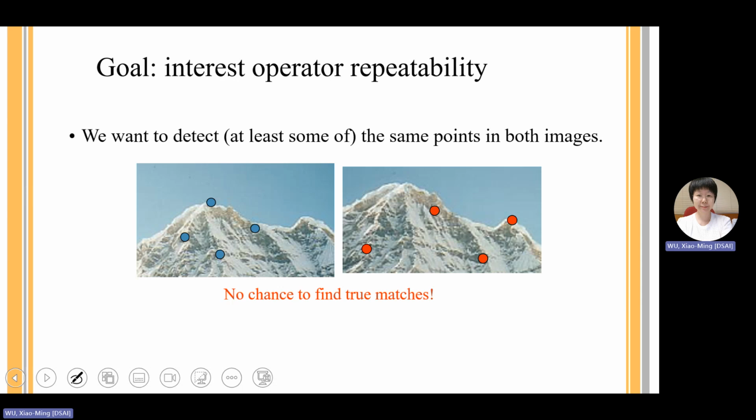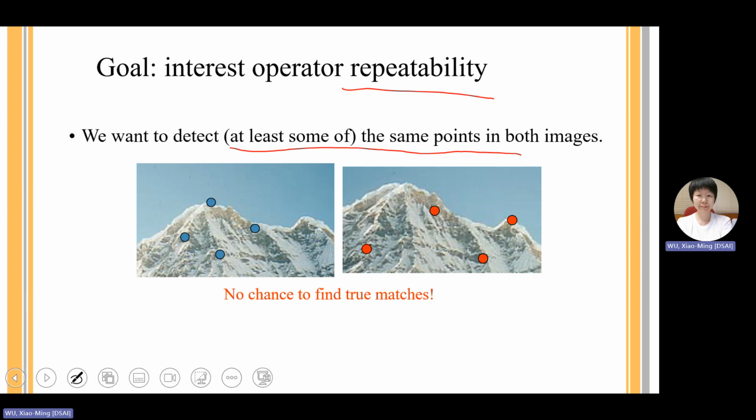Okay, repeatability. So this slide shows the importance of repeatability. If we want to stitch two images, the algorithm should be able to detect at least some of the same points in both images, so we can connect them.